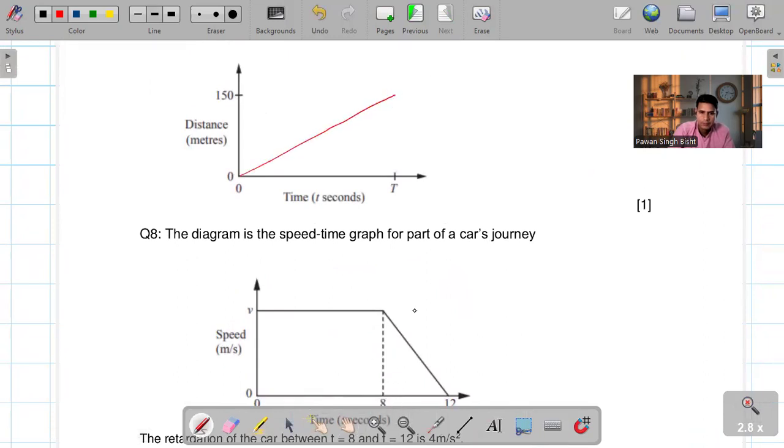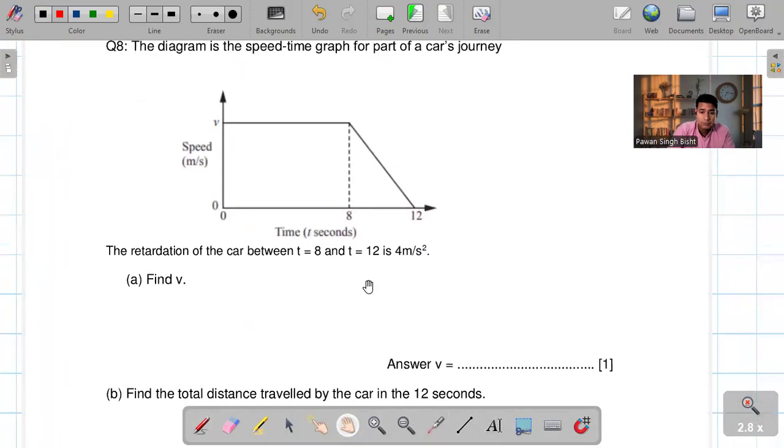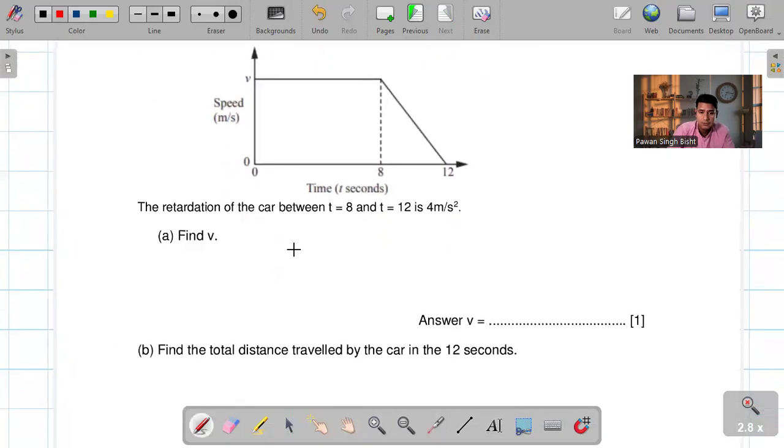Now the next question. Again, the same thing is there. The retardation between time t equals 8 and 12 is given as 4. Retardation is written as 4, but when you apply it in the question, you write -4. So a is v minus u upon t, where a is -4. If you don't take -4, your answer may come wrong.